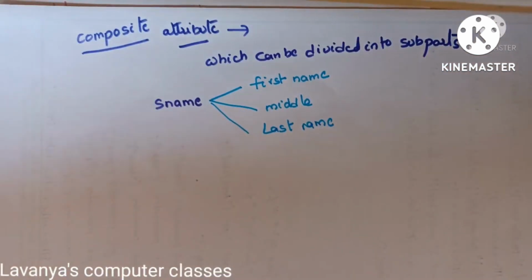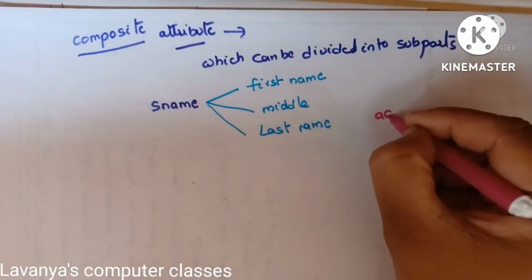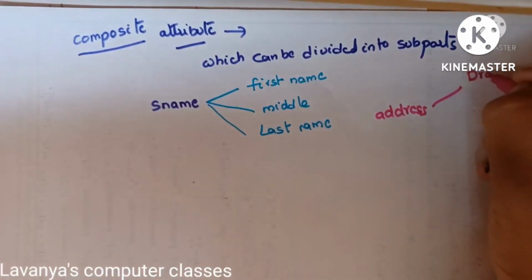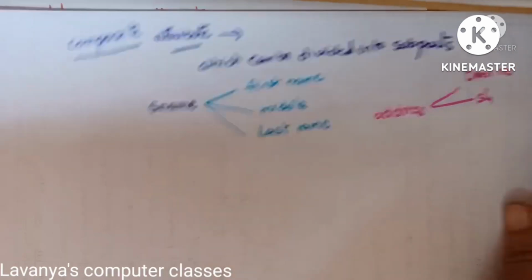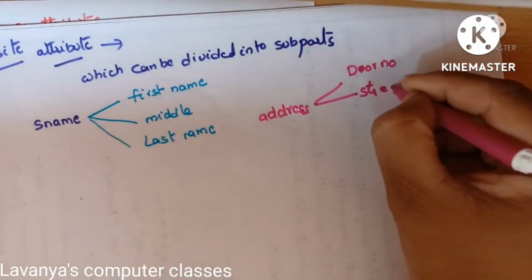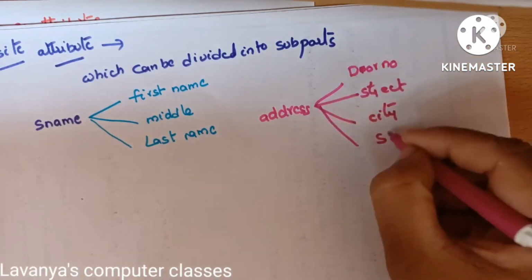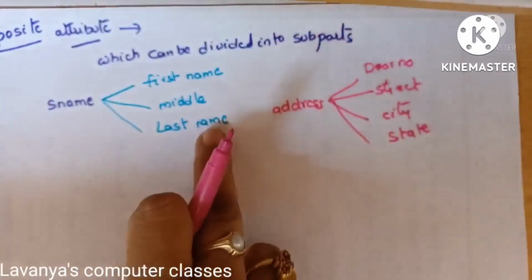If you take address, address is also an example of composite attribute because it can be divided into many parts like door number, street, city, state, pin code.